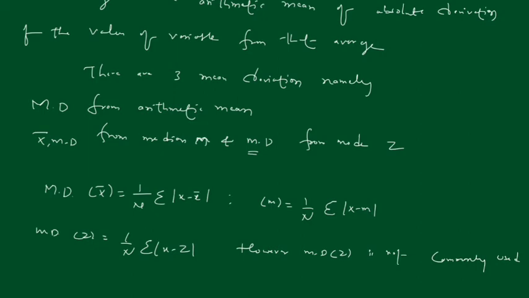This definition is taken as the formula to find MD for ungrouped data. Grouped and ungrouped data is there already. So here we have to find it for ungrouped data.